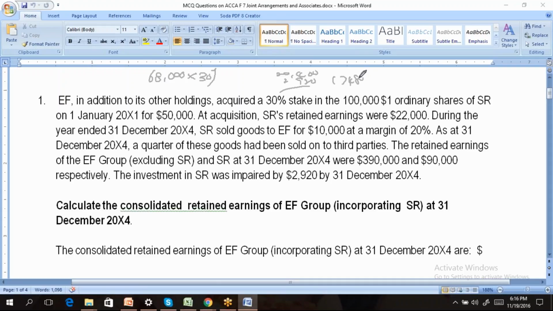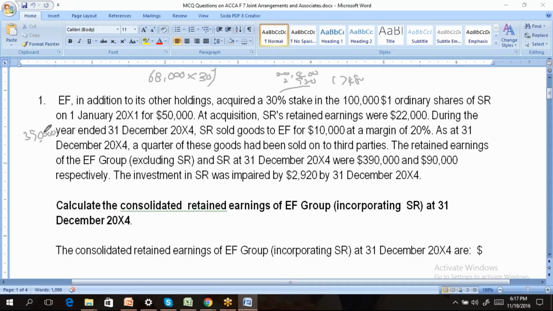Then we are asked to calculate the consolidated retained earnings. The parent company profits are 390,000. Now we have to see who sold the goods to whom. SR sold goods to EF, the parent, for 10,000 at a margin of 20%.